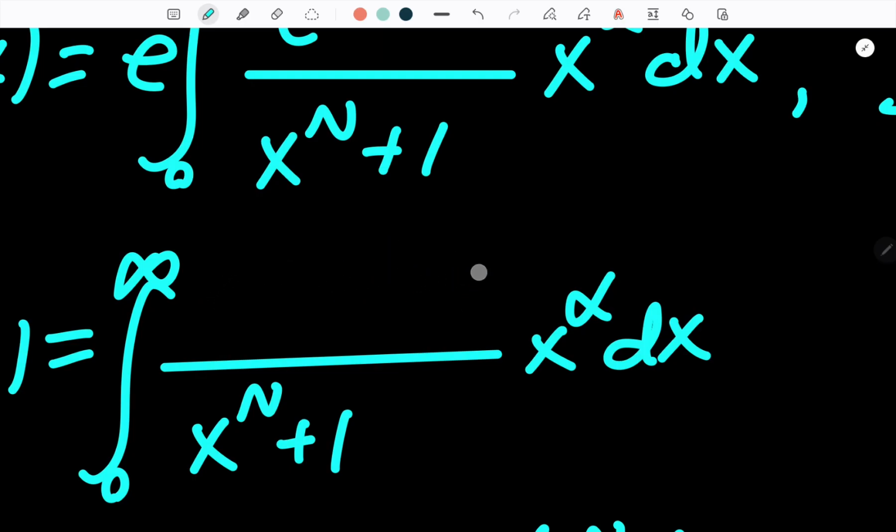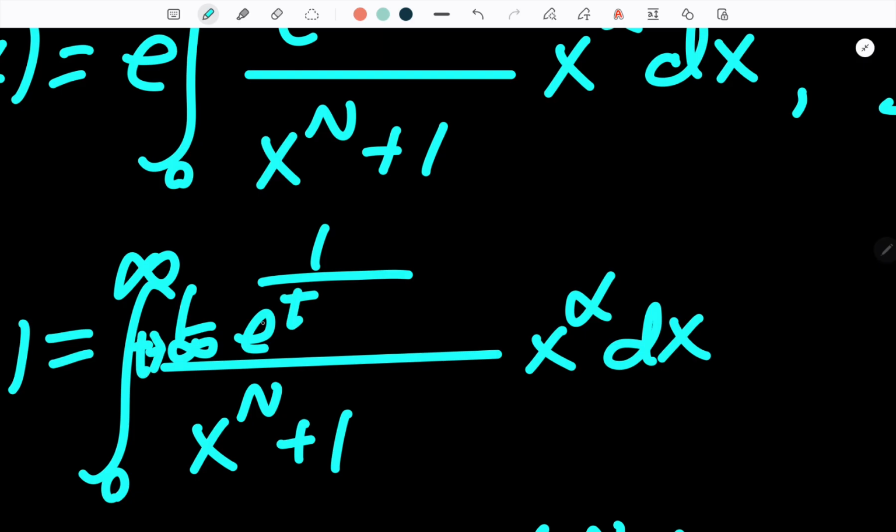This is going to be the same thing as 1 over e to the, infinity, or the limit as t goes to infinity, which will just collapse to 0.